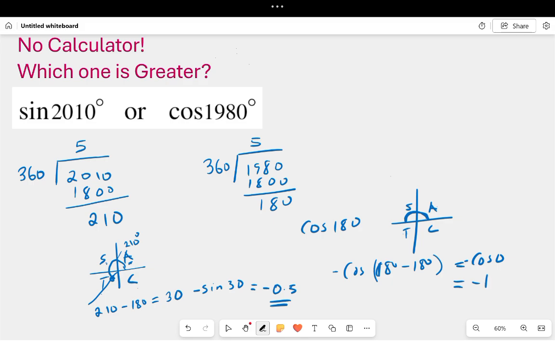Cosine 0 is 1, and therefore in this case the cosine of 180 is negative 1, and therefore we can actually conclude that sine 210 is greater than cosine 1980, simply because sine 210 is negative 0.5, while cosine 180 is simply negative 1.